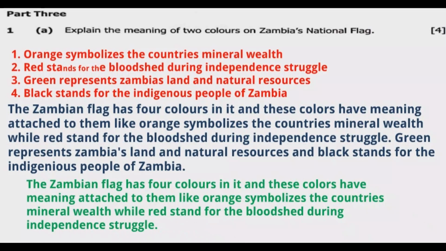Then you end there, and that is your answer. If those 2 points are seen in that short essay, they will give you 4 marks. Basically that's what you write. We go to the next question.